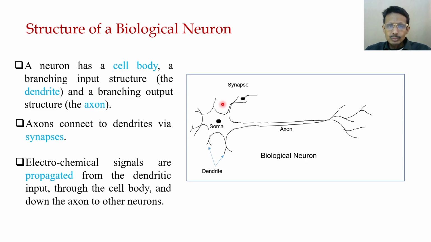Then the input to this cell body is called the dendrite, and the branching output from the cell body is called the axon. Now axons from other neurons come to the dendrites of this neuron through an interface called the synapse.